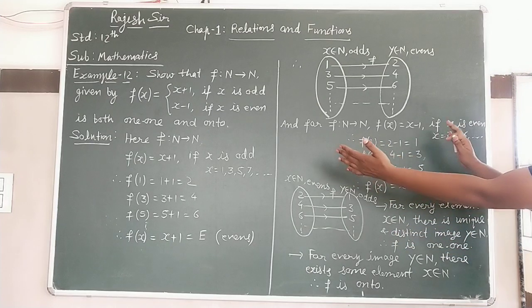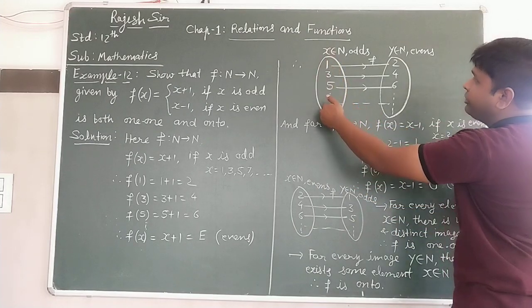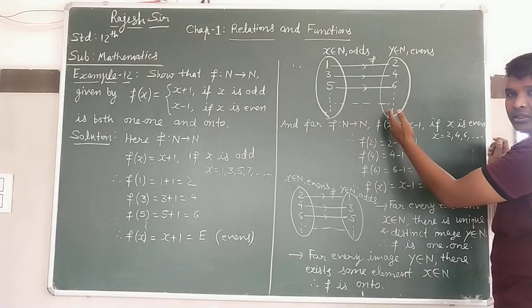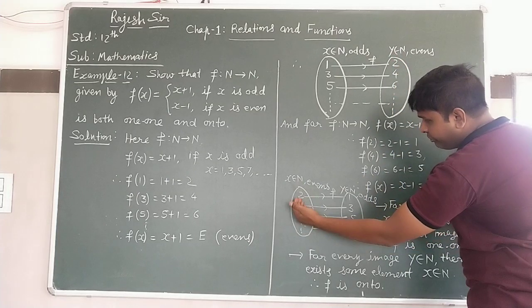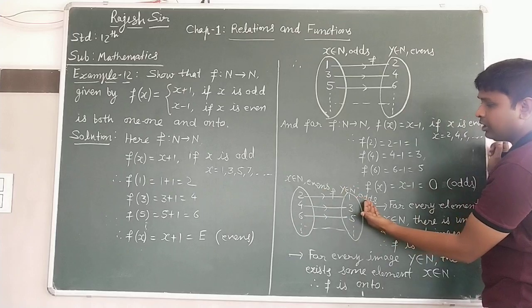If we combine both of these, you can see for every odd the images are evens, and for every even the images are odds.